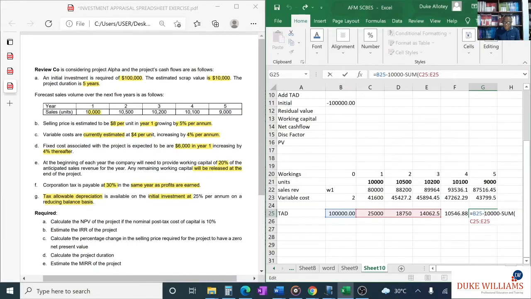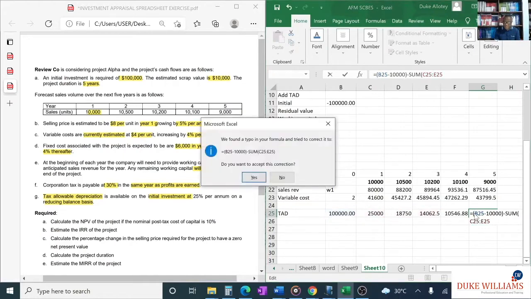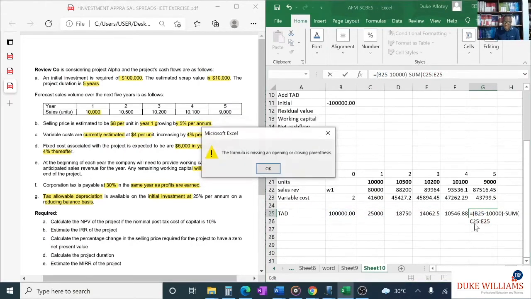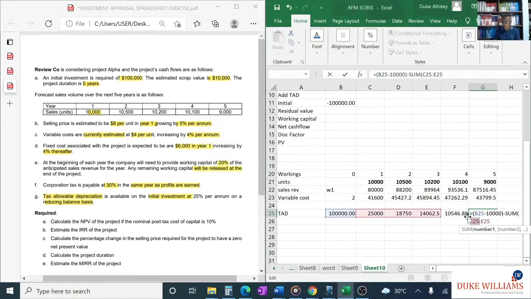Let me just do the, I think I'm missing something. So I can put a bracket here, a bracket there. Just bear with me. I'm missing something. Let me just clean it out. I'm doing 100,000.